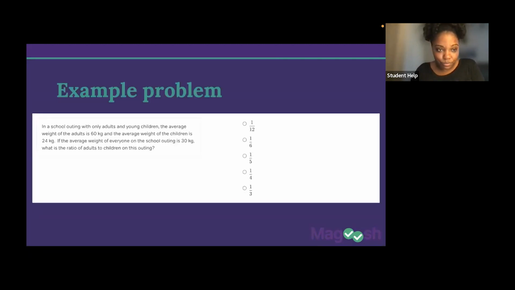So for average weight, we have 60 and 24. Let's call it A for adults, that just helps us remember, and 24 C for children. And we divide that by what?